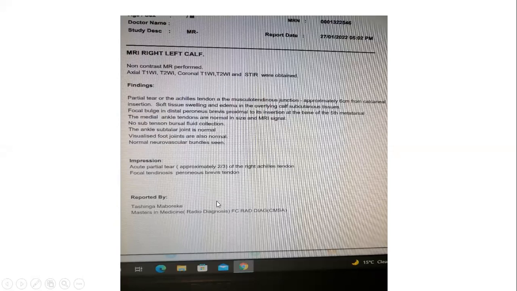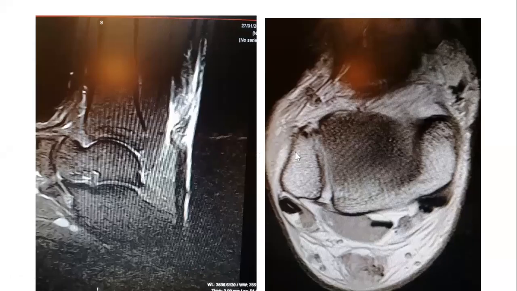But when the orthopedic surgeon looked at the same images, he was convinced that we had a total tear, and the best route to go was the surgical route. In any case, I agreed on the surgical route. I thought since they're saying when you go the surgical route, there is less chance of re-rupturing again.